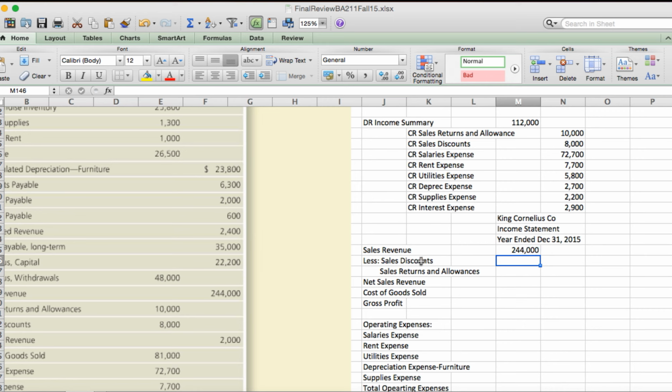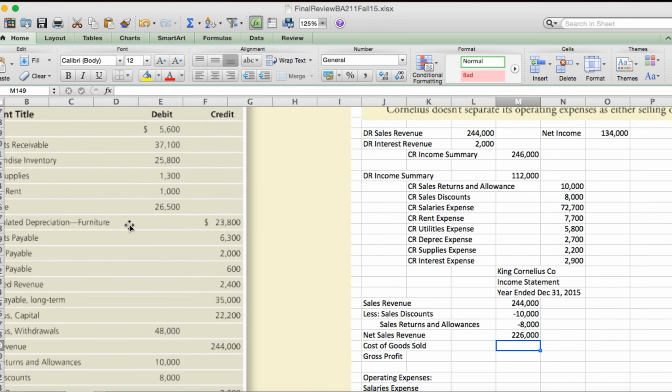We're going to subtract sales discounts and sales returns and allowances. So we have 10,000 and 8,000. And when we basically subtract discounts and sales returns and allowances, that gives us our net sales revenue of $226,000.